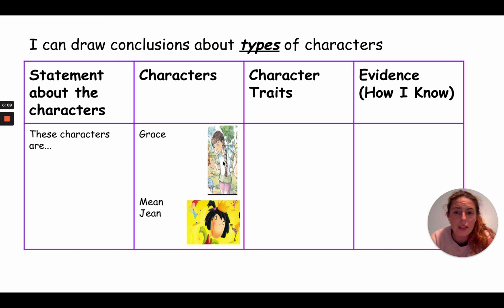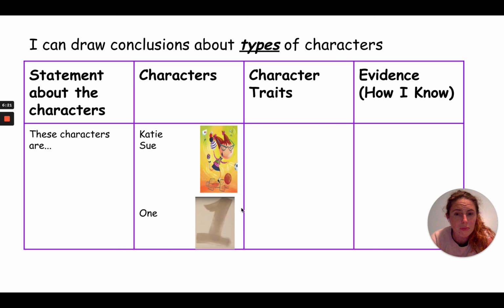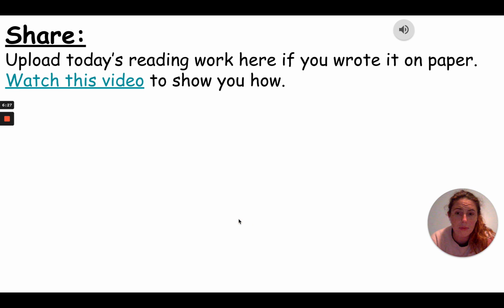The next choice is Grace and Mean Jean. And then Katie Woo and Fancy Nancy. The last one we have here is Katie Sue and One.